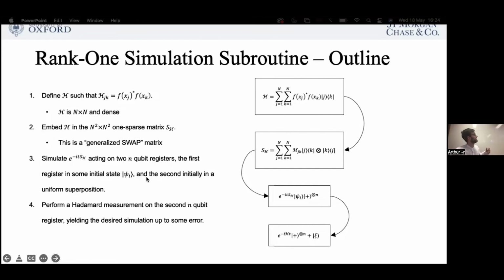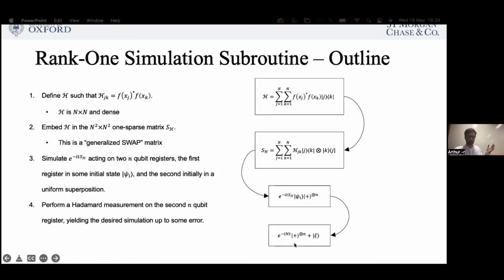And then the second register is initially in a uniform superposition. We then apply a Hadamard transform to every qubit in the second register, and then we just measure it in the computational basis. And then the state that's left over in the main register corresponds to the exact simulation we would have wanted of the dense n by n matrix, plus some orthogonal error state.